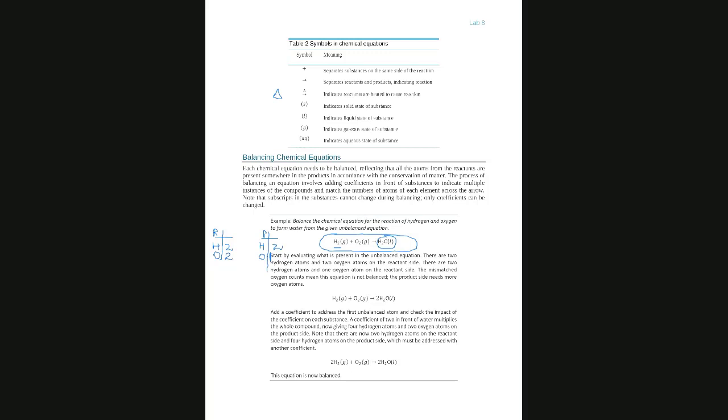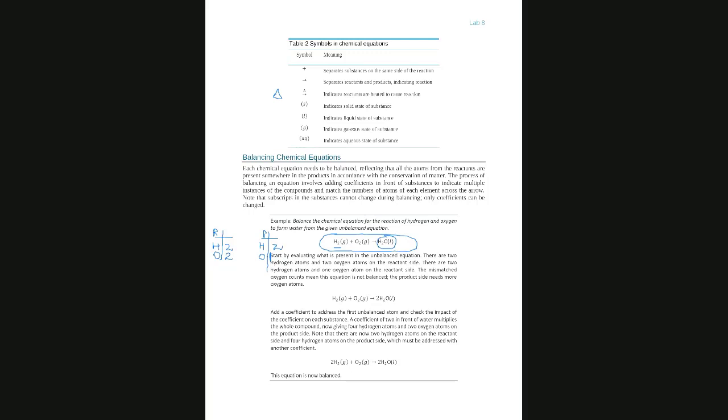And then I look, hydrogen is balanced, which means that the same number of hydrogen is in the reactant side and in the product side. Then I say, oh, good, the hydrogen is balanced. Then I go to the oxygen and I see it's not balanced because in water I have only one. So what do I need to do?